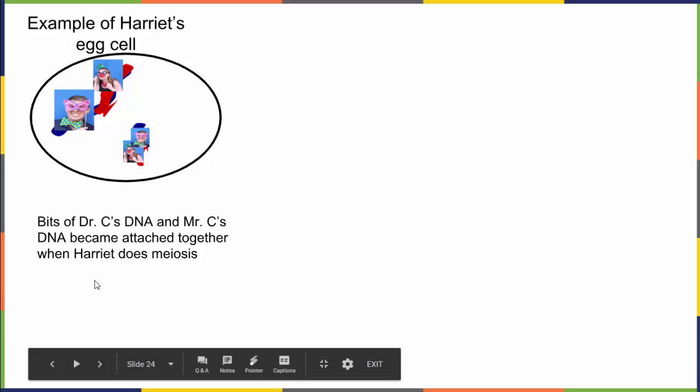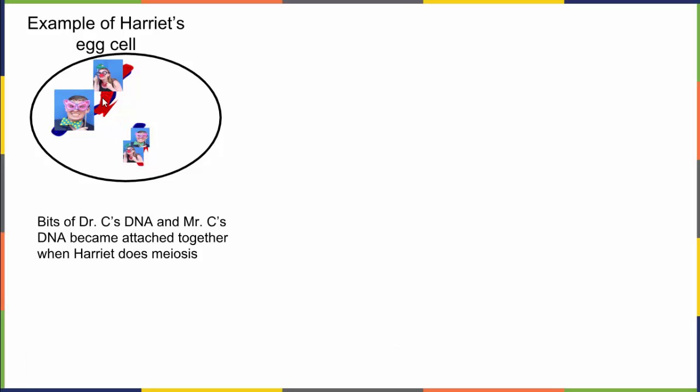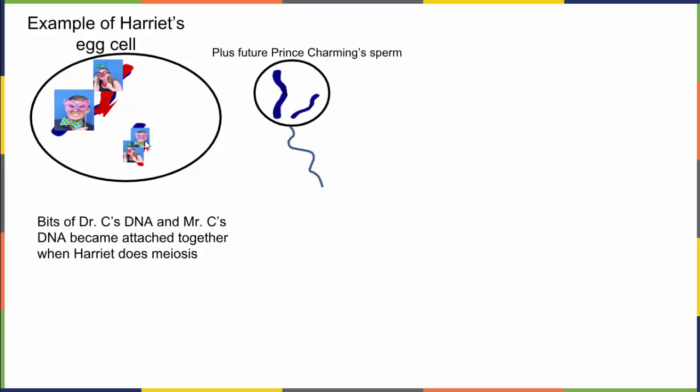So picture-wise, I kind of mapped that out. Harriet's egg cell likely is going to have a long chromosome that has bits of her dad and bits of her mom, me. The same thing with the little chromosome.